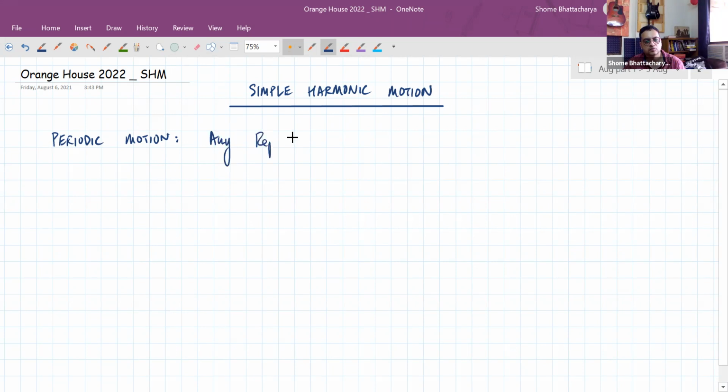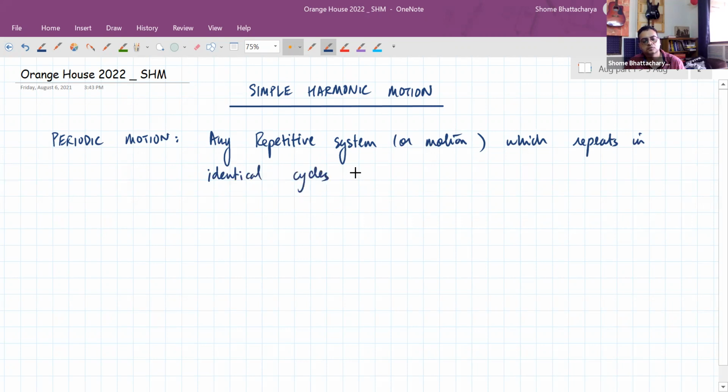So any repetitive system or motion which repeats in identical cycles with a definite time period is called a periodic motion.